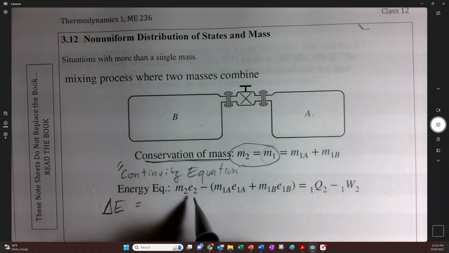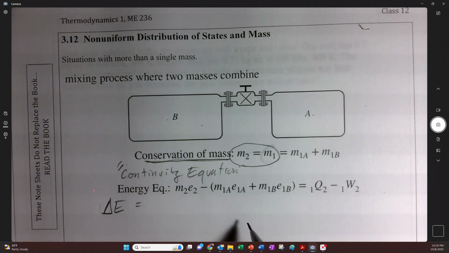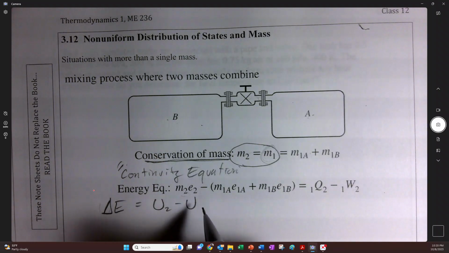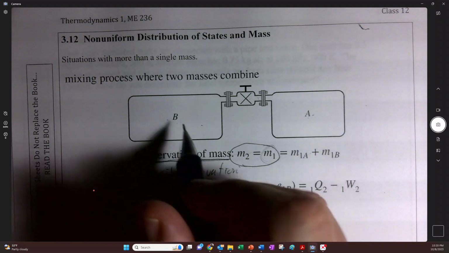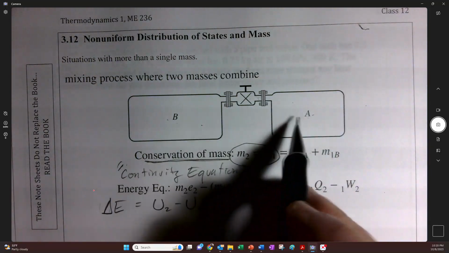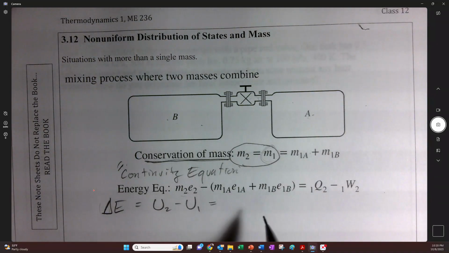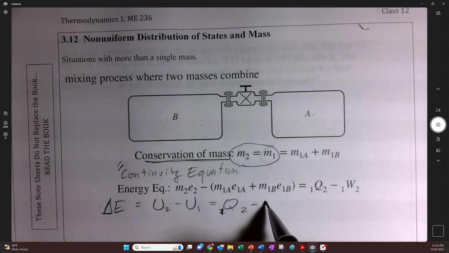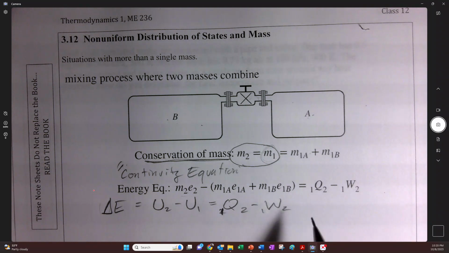We can leave off the kinetic energy and potential energy, and maybe just think of it as the internal energies for a particular mass, because this is still a particular mass, even though we've separated it into two parts and they're about to get joined together. And they're going to be Q 1 to 2, and then work 1 to 2, right there. So we're still applying these.